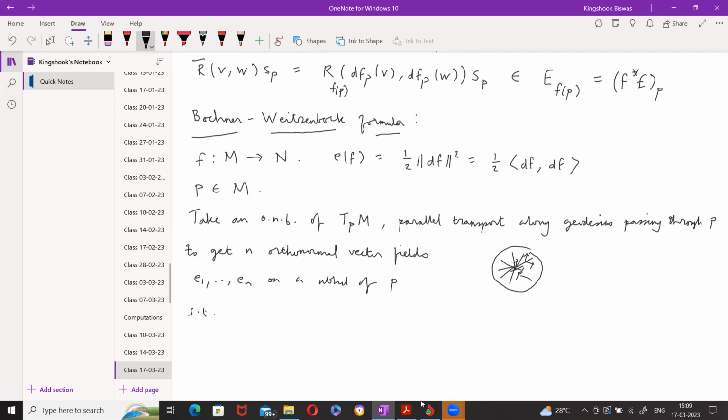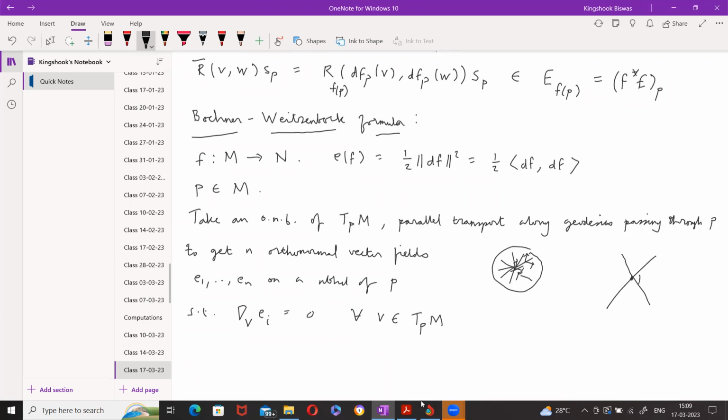That is, nabla_v e_i is 0 for all vectors v at p, because the e_i are given by parallel transport along geodesics passing through p.